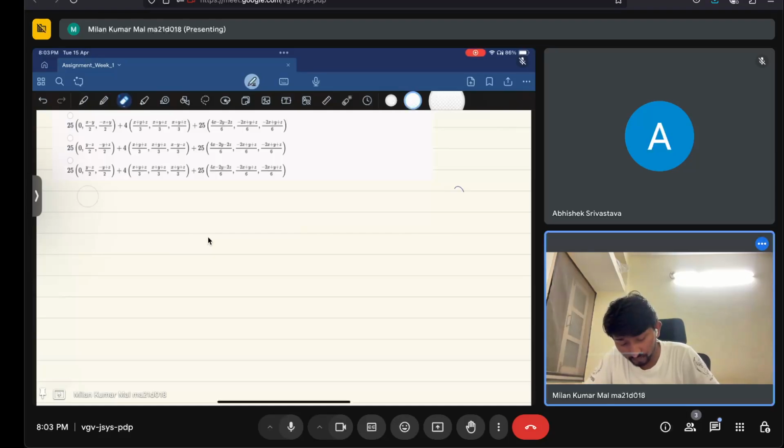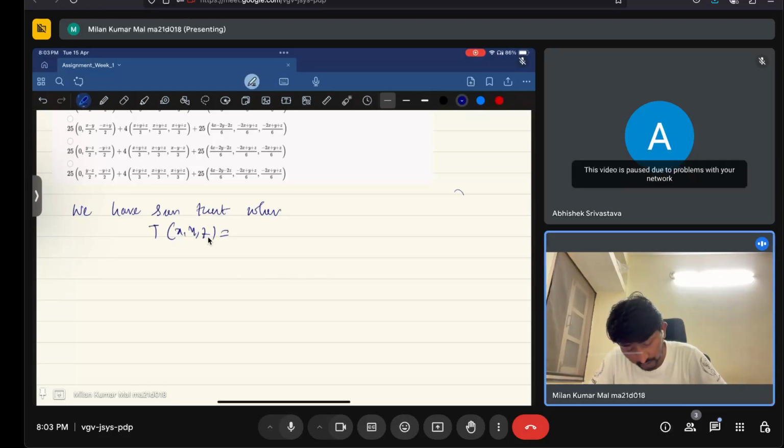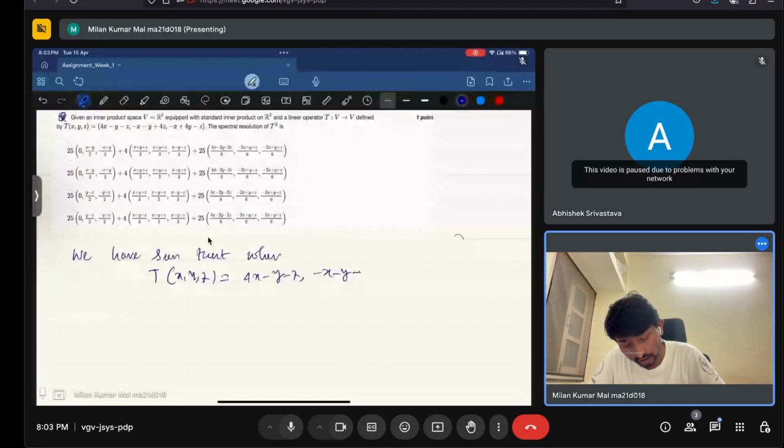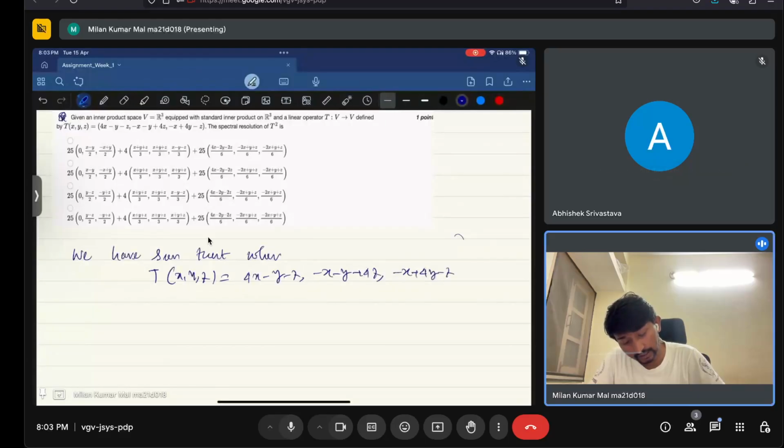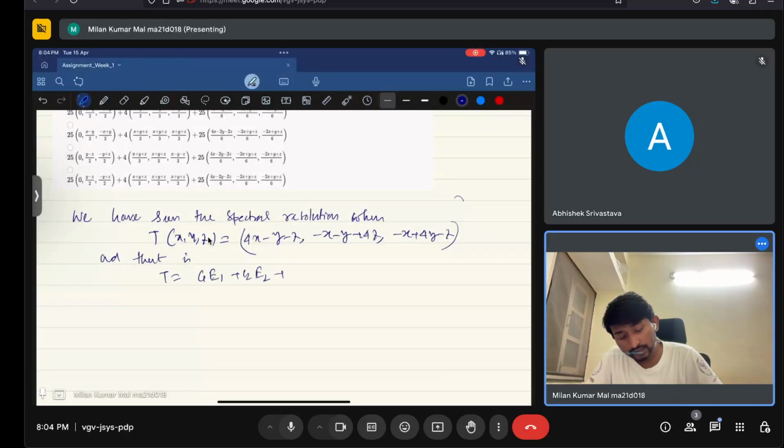We have seen that when T of (x, y, z) is equal to (4x minus y minus z, minus x minus y plus 4z, minus x plus 4y minus z), in that situation we have seen the spectral resolution when T equals this, and that is T equals C1 E1 plus C2 E2 plus C3 E3.